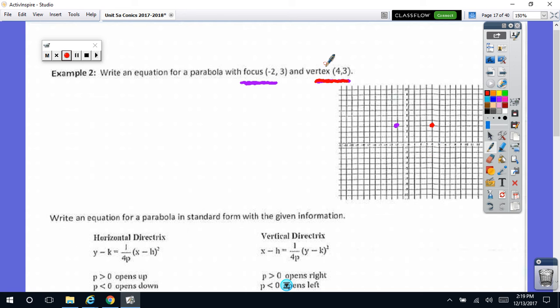So think about the rule. We eat the focus. We don't cross the directrix. Again, we don't have a directrix, but I do know that I have to eat this guy. And this is my mouth, this is my opening, so it's going to open something like this right here.